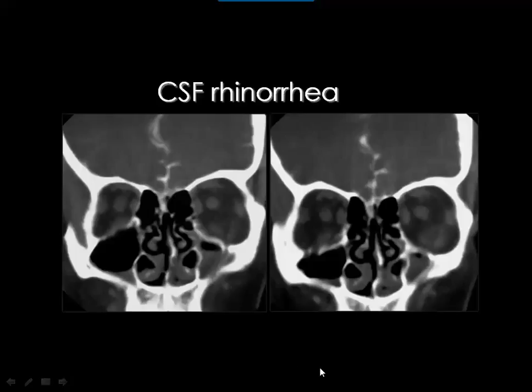And in the era before MRI, we used to have this examination, which is known as CT after myelography. We inject the contrast media intrathecally, and we scan the patient looking for the dribbling of the contrast opacified CSF through the defect in the orbital floor.